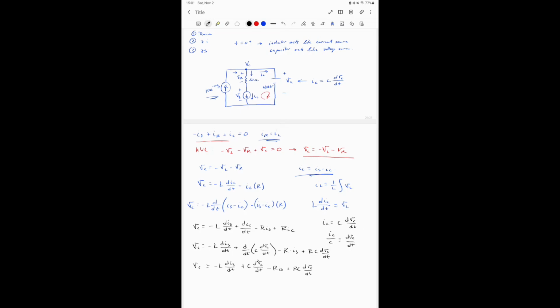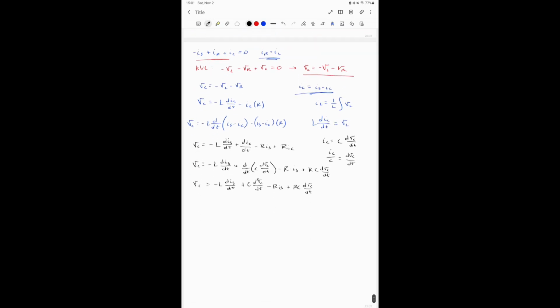Okay, so now our goal is to put everything on one side that is your C, and on the other side you want to put your IS. So let's move this to the IS side, and this to the IS side, and this needs to move over to here.